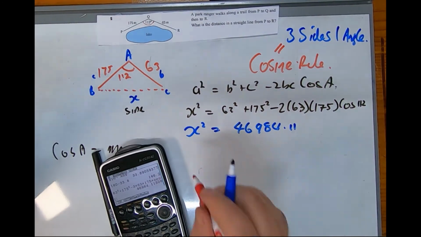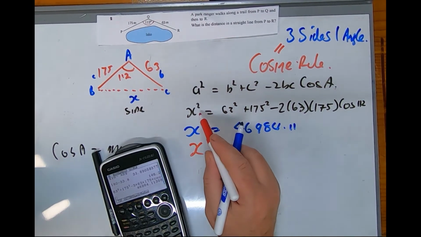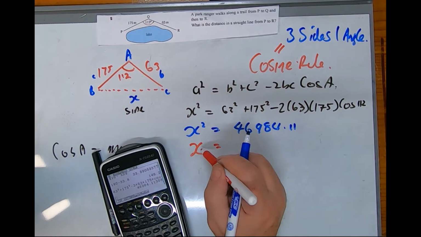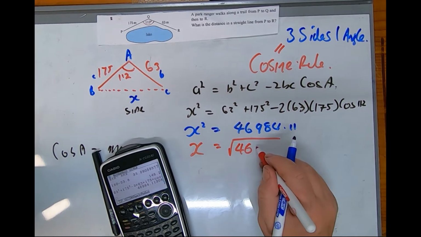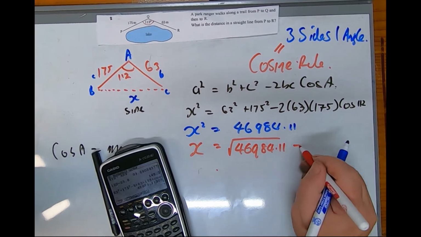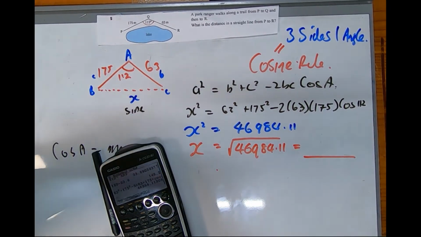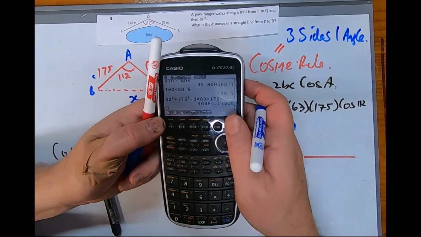Now I'm going to go to red because I'm going to highlight the differences. That was x squared, has now become x, so I need to do the square root here. Much easier to do on the calculator, but I will write it. And let's put our answer there. On the calculator, I've got that number.